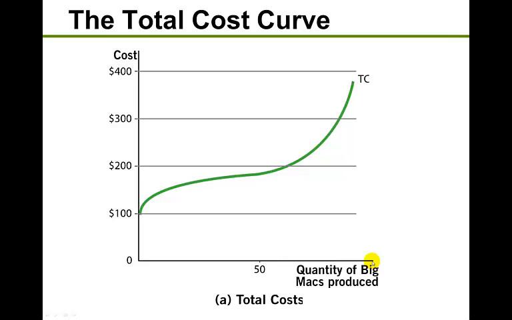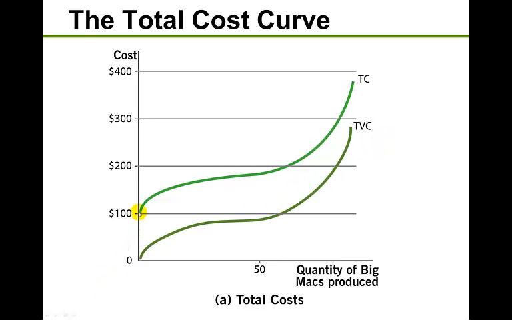This is going to hold true for a long time now, so just get used to seeing y-axis of price, x-axis of quantity. Same general setup of the axes as when we talked about the supply and demand model.